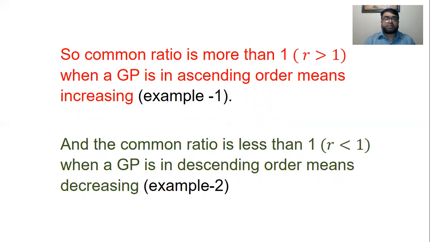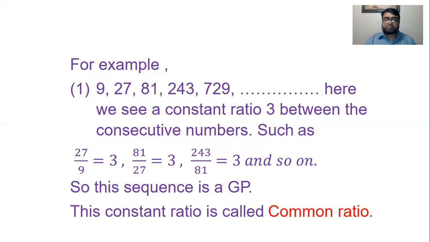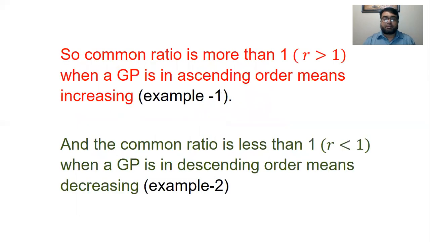All right. Now the question is the common ratio. In example 1, the common ratio was 3, and in example 2, the common ratio is half. If you notice the nature of the common ratio in both examples, it is more than 1 in example 1, and less than 1 in example 2.